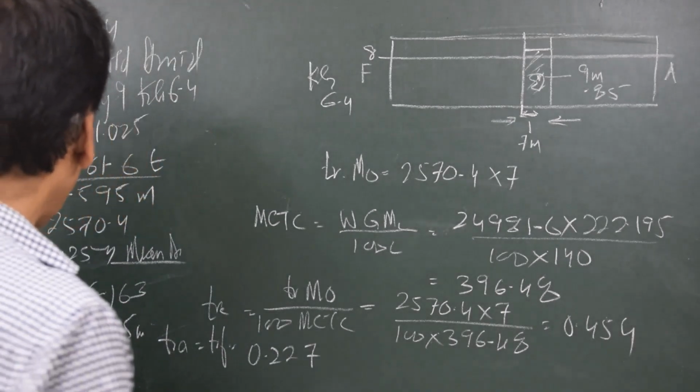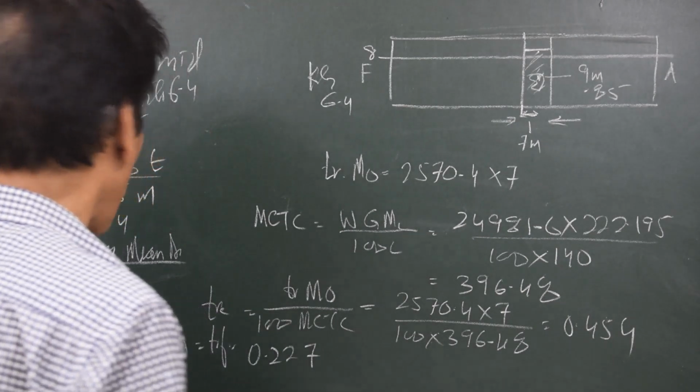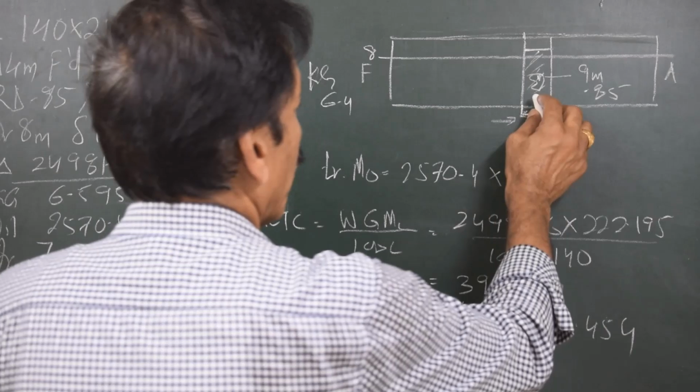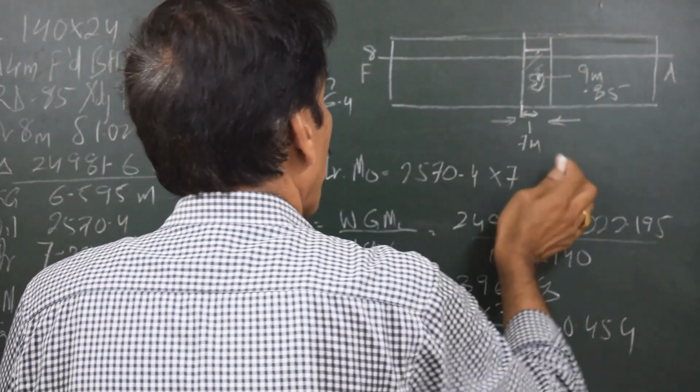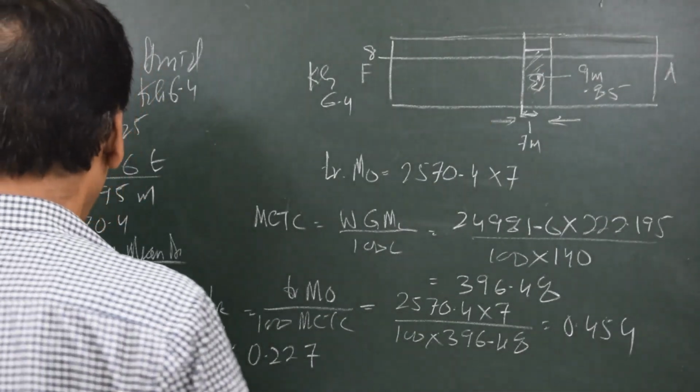So the new draft that you have is 7.254. As you know, we have discharged the liquid from the after part, so after draft will reduce.